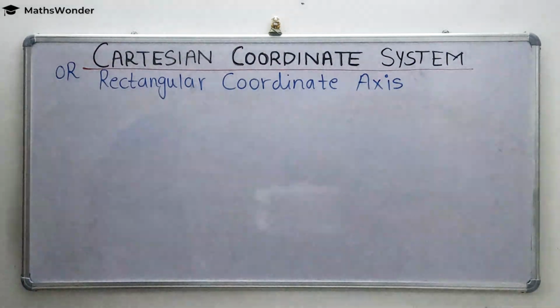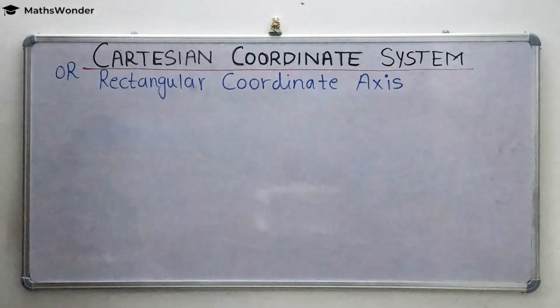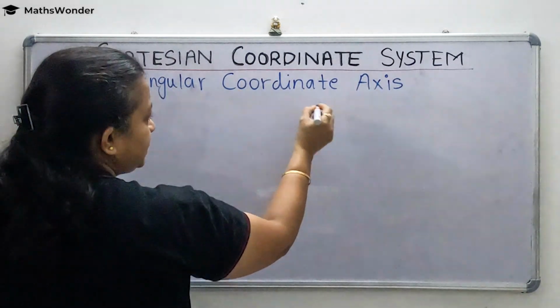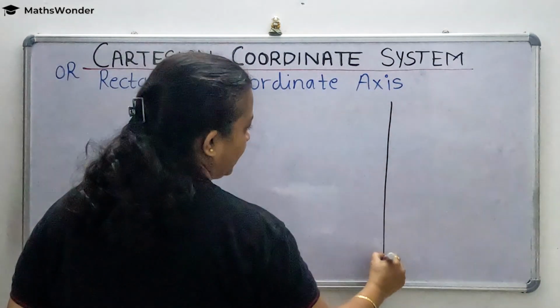Now we will learn the terminology of this. Suppose the coordinate plane is formed by two perpendicular number lines called the x-axis and y-axis, which intersect at an origin. Now first I am explaining and then we'll write.